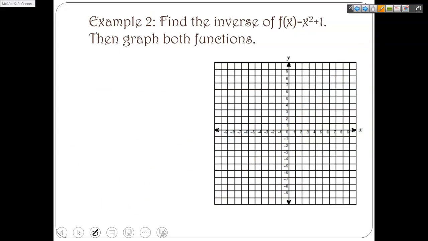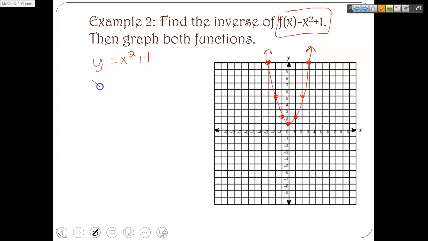Find the inverse of f of x equals x squared plus 1. So again, going back to my parent graphs, x squared plus 1 is a quadratic shifted up 1 unit. So it goes through 0, 1, 1, 2, 2, 5. Because again, all your perfect squares are shifted up 1. So that's like saying y equals x squared plus 1.